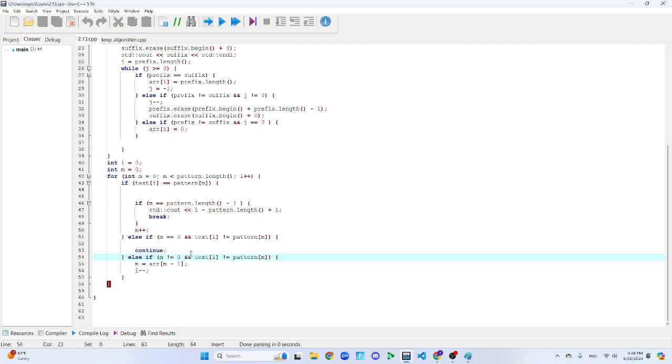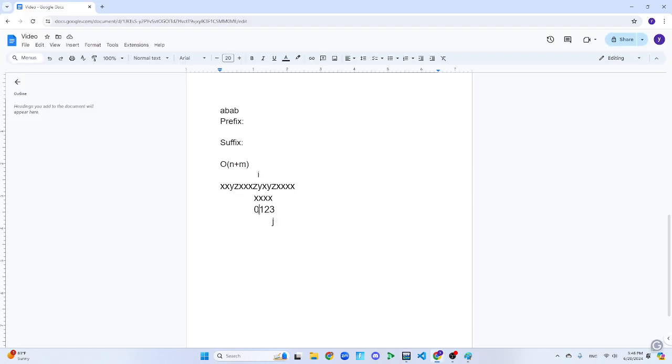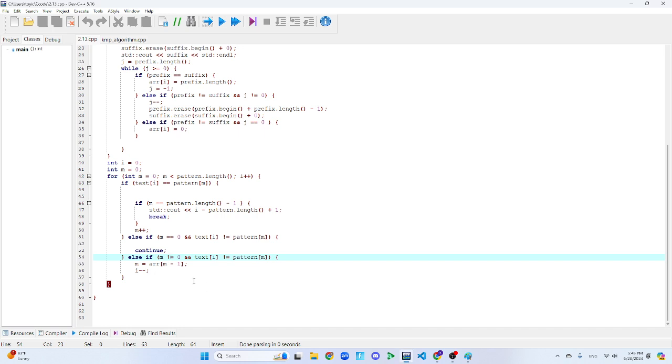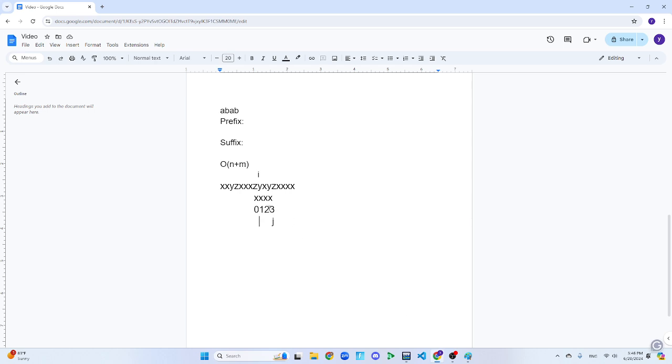However, if m is not equal to 0 and the text and the pattern are not the same, we do I minus minus, and m will equal the array at m minus 1, like the 3 minus 1 in the array, which is 2, obviously.